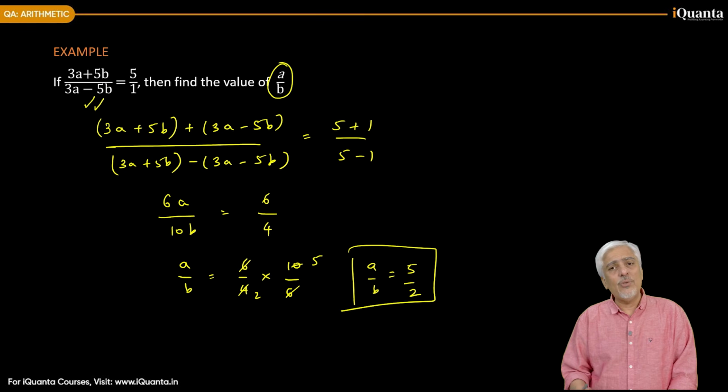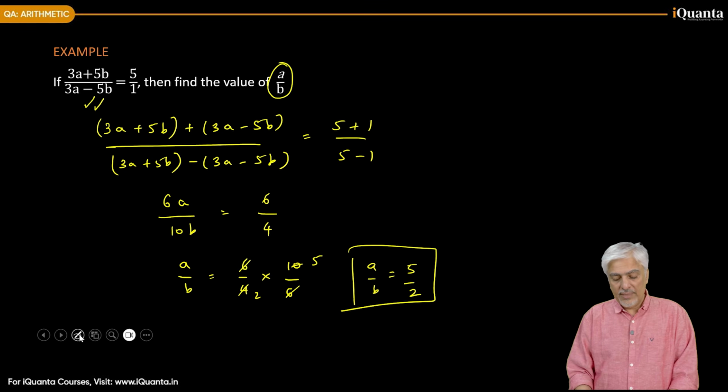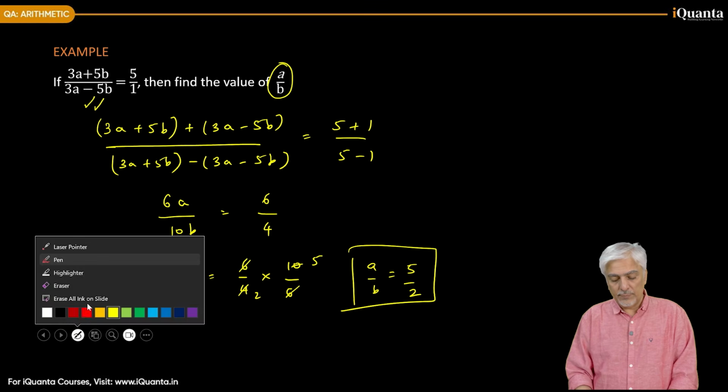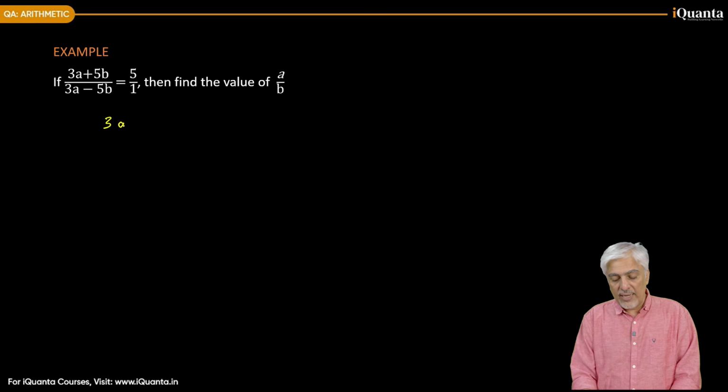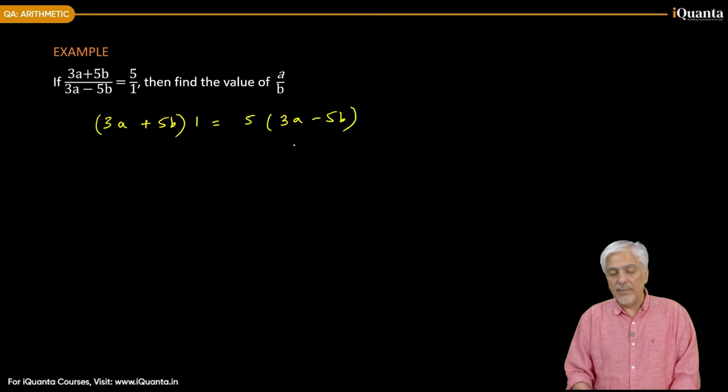What is the other way you could have done this question? One other way was you could have simply cross multiplied. Let me give you that method also. If I simply cross multiply, I'll get (3a plus 5b) multiplied by 1 is equal to 5 multiplied by (3a minus 5b).